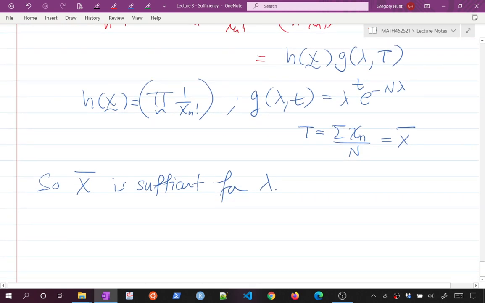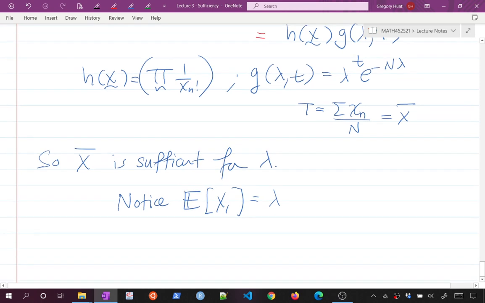Notice here again, does this seem reasonable? Notice, what's the expected value of x bar in this case? Well, back up. What's the expected value of any of my random variables here, any of my samples? They're Poisson. The mean of a Poisson is just the parameter lambda.